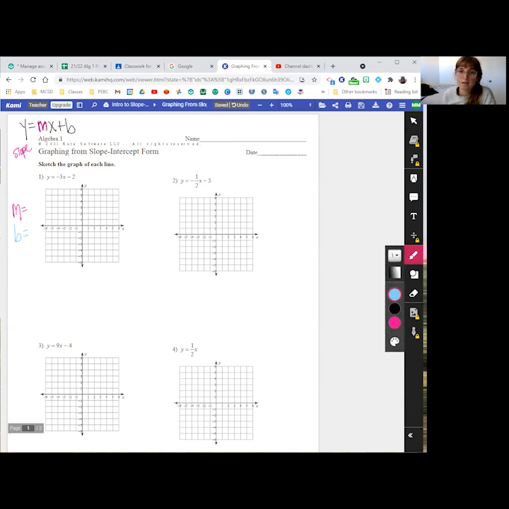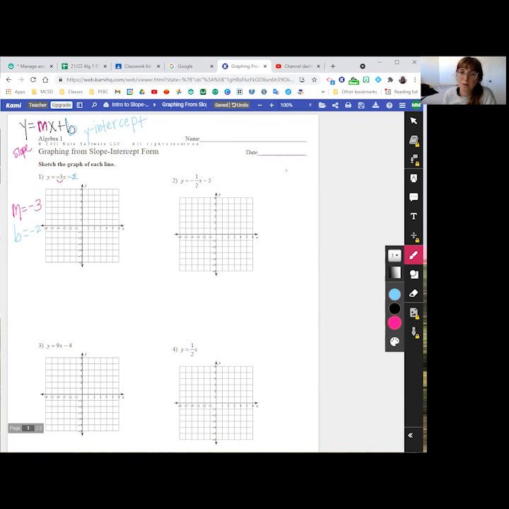And b is the constant number, and that is always our y-intercept. So in this first equation, my y-intercept is my constant number. That's this negative 2. And then my slope is this number right before the x.